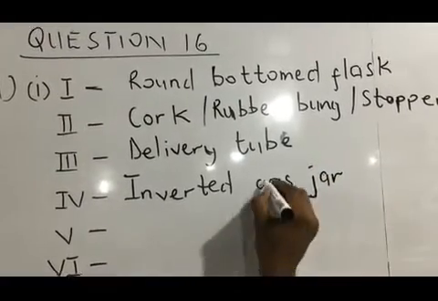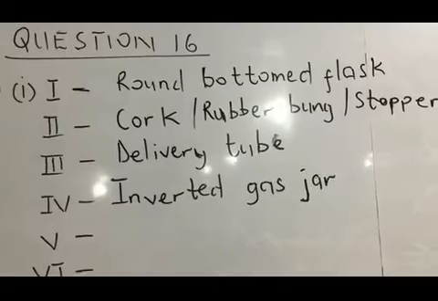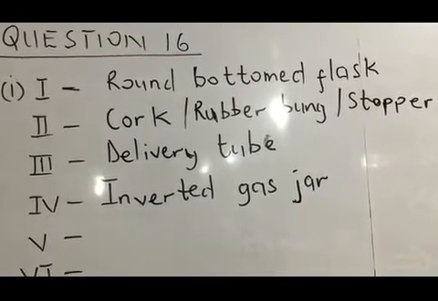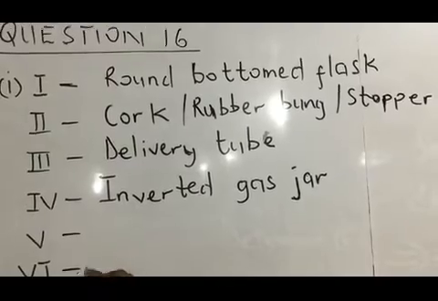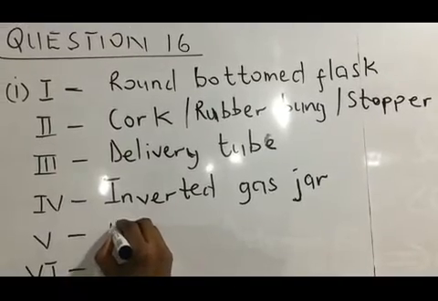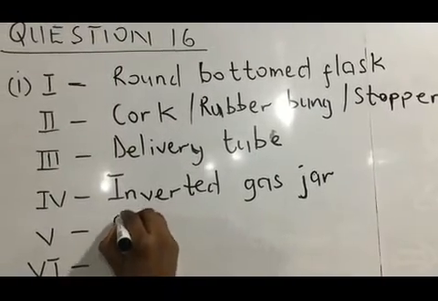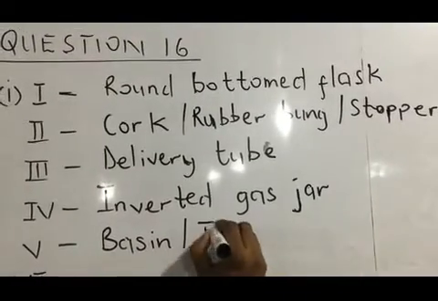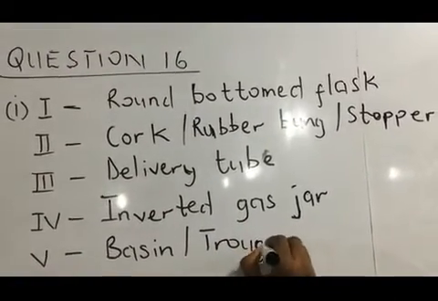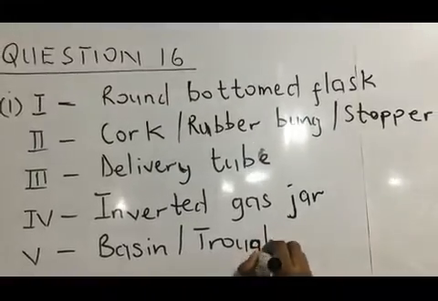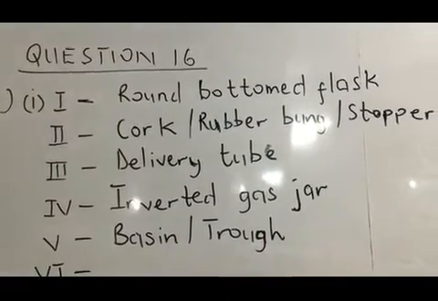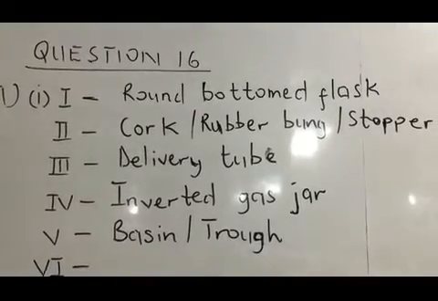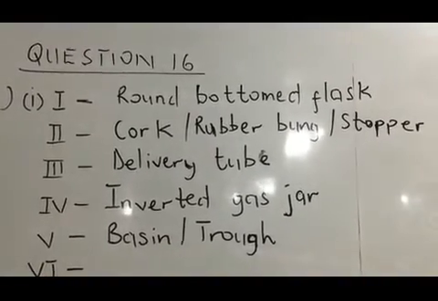You can say gas cylinder. V is the basin. If you look at VI, it is also pointing to the basin from the diagram.